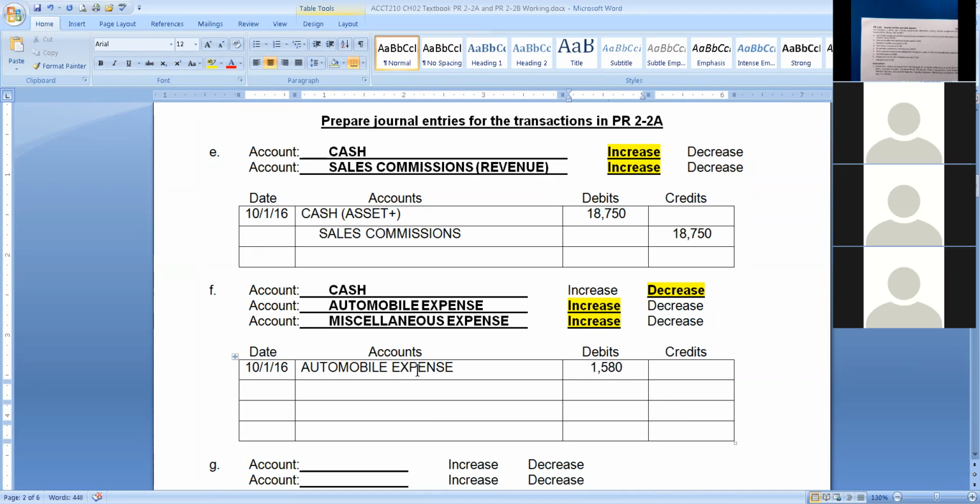And the reason I say it won't make too much difference is that expenses are all going to show up on the income statement anyways. So it isn't like, oh, if I say rent expense, it's not going to show up. It is. Okay. Cash. Asset going down.